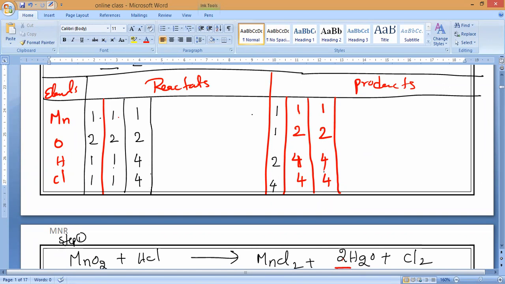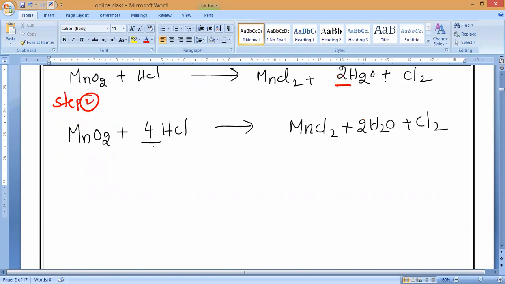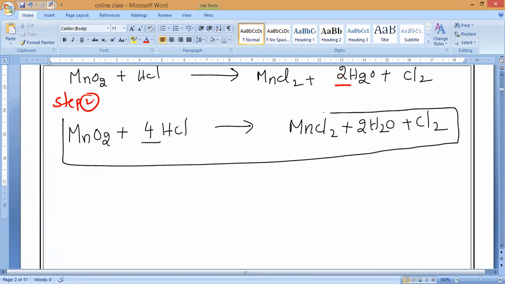So what is the balanced equation? MnO2 plus 4HCl gives MnCl2 plus 2H2O plus Cl2. We can say this is the balanced equation. Is it yes or no, guys?